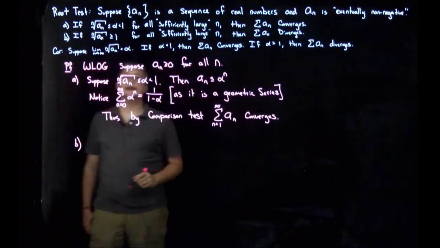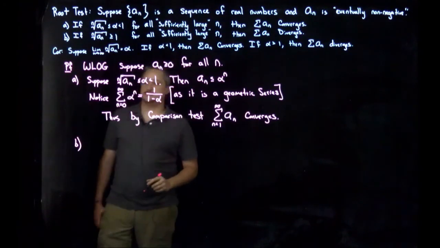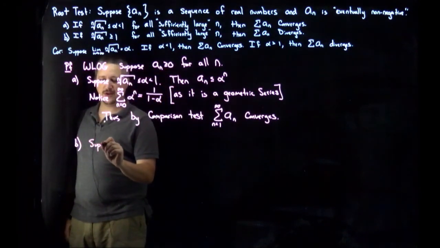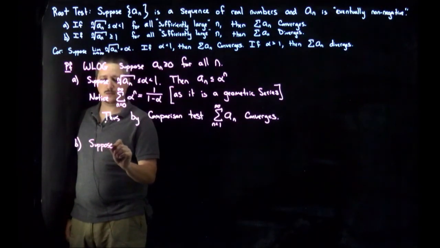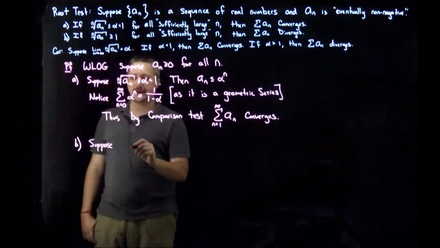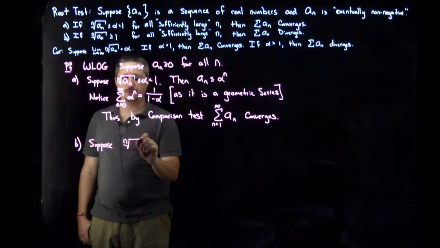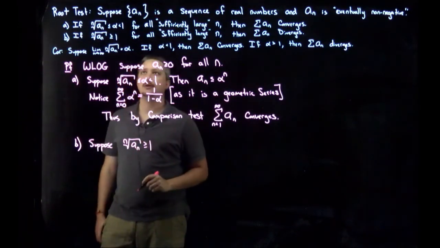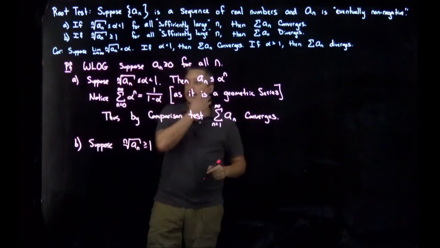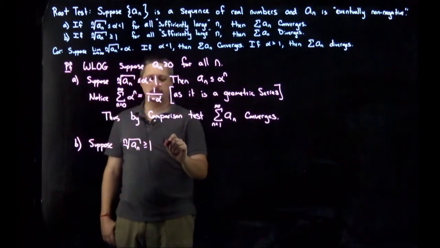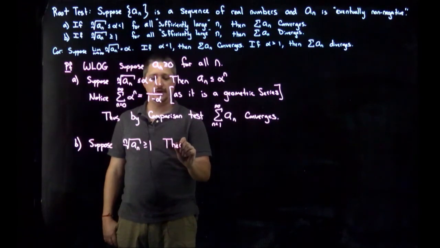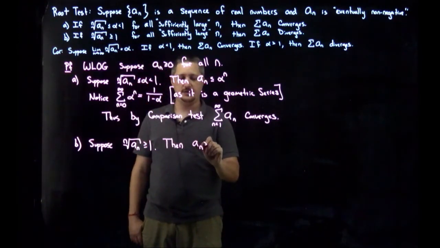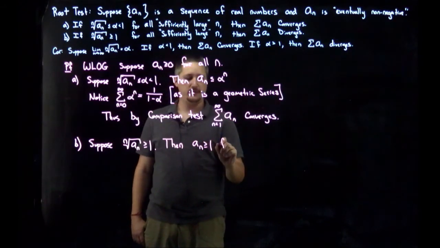B. Suppose now that I have the nth root of a_n is greater than or equal to 1, again for all n. Then, taking an nth power on both sides, I have that a_n is greater than or equal to 1 for all n.